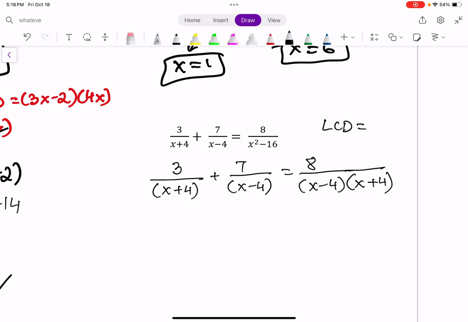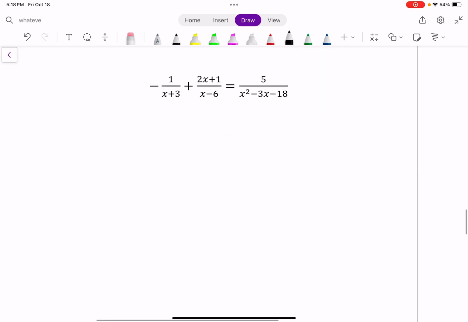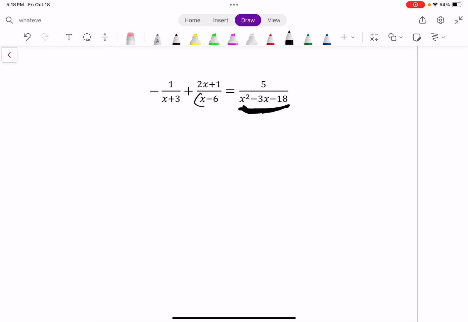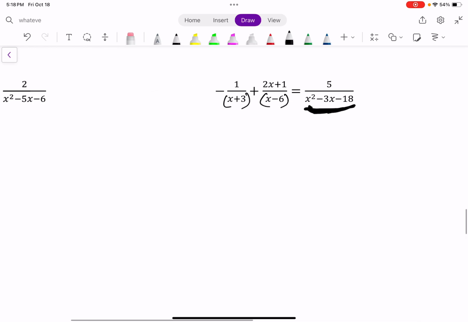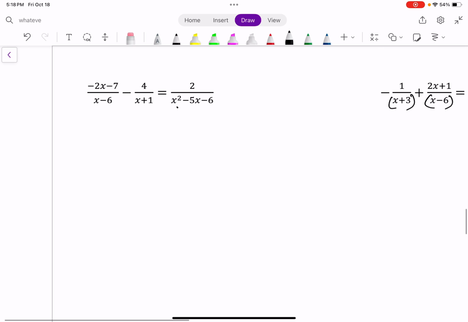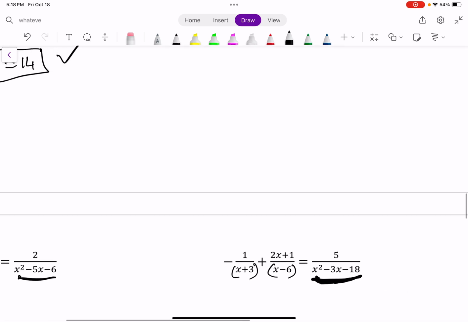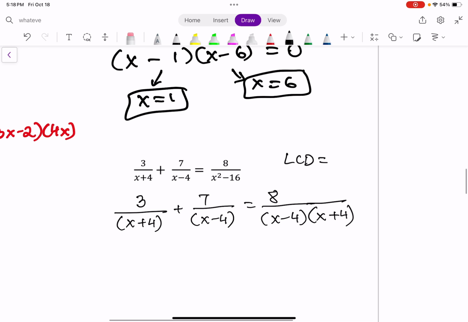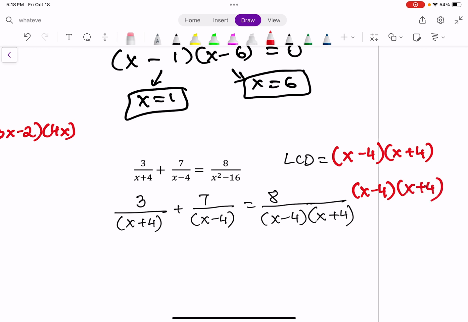So that's going to happen every time, even with these last questions. This trinomial here is going to factor into the two factors you have on the bottom. Same thing here. We are not going to give you a million different factors, okay? It's just a couple. So therefore, the LCD, as you see, the factors that you need to knock out all these denominators are just x minus 4 and x plus 4.